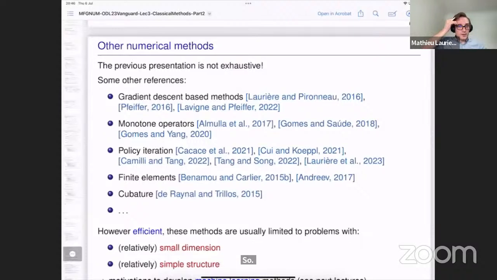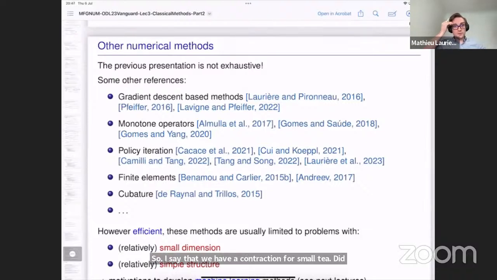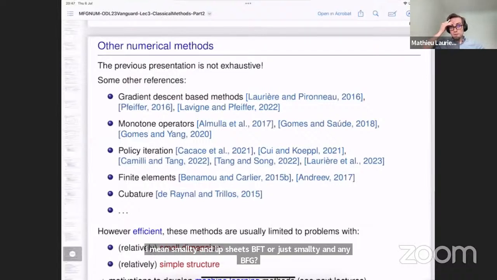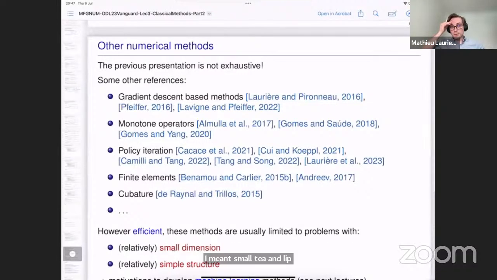I said that we have a contraction for small t. Did I mean small t and Lipschitz coefficients, or just small t and any coefficients? I meant small t and Lipschitz coefficients. I think there is a trade-off between having a small time horizon and having a small Lipschitz constant.